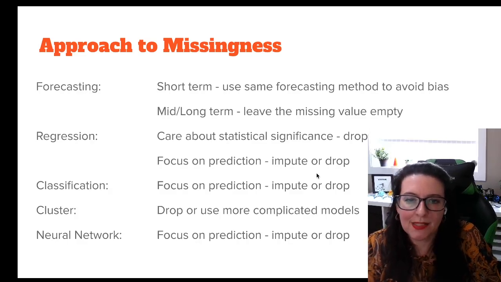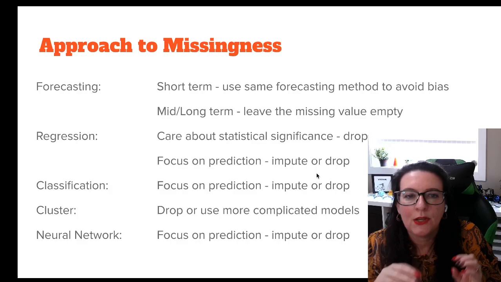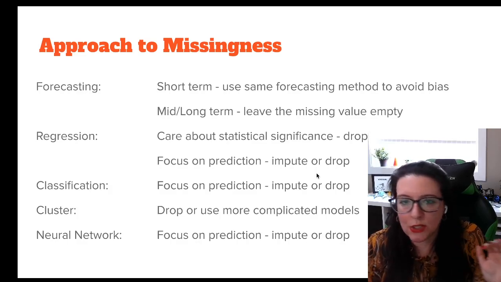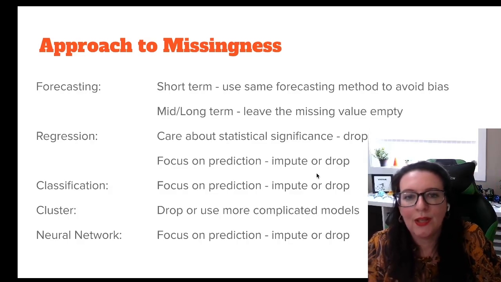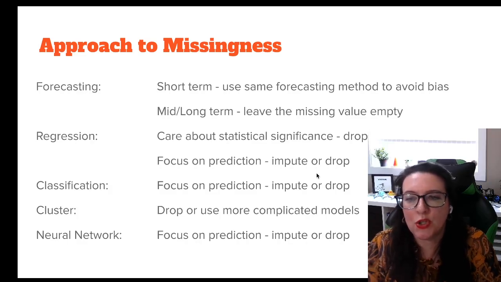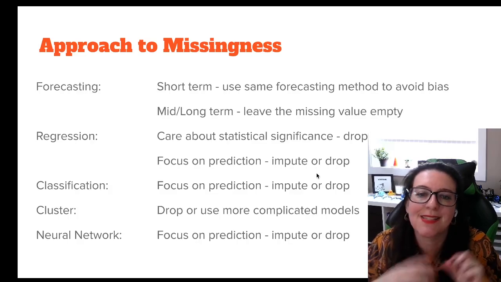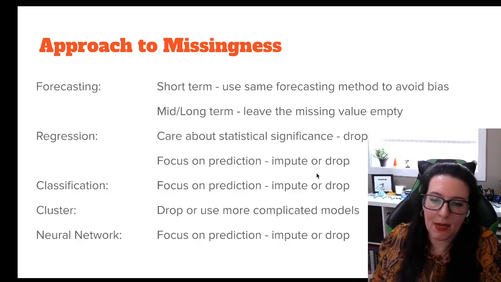If you're forecasting, so there's a time component, you're better off leaving the missing values just empty. You don't need to drop them. It can handle that information being missing as it builds the model. Or if you're doing short term, use the same method you're doing for your short term forecast to impute the missing information.